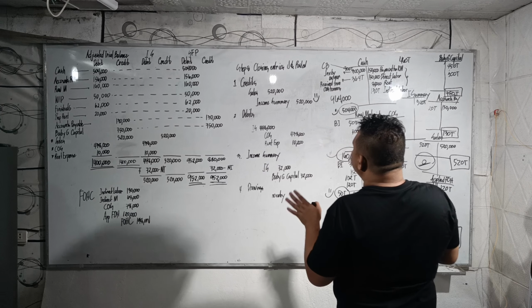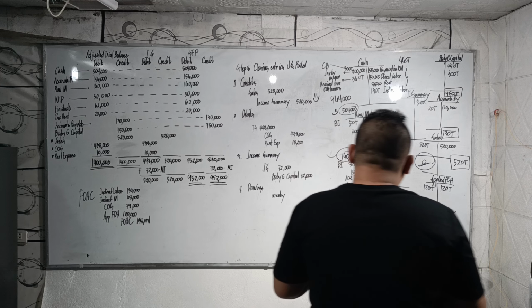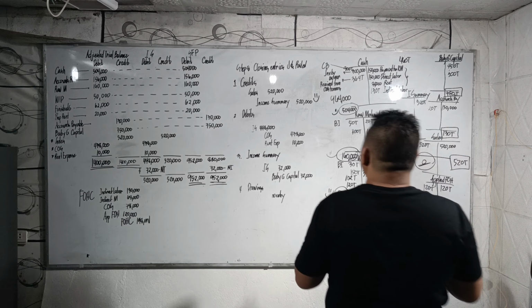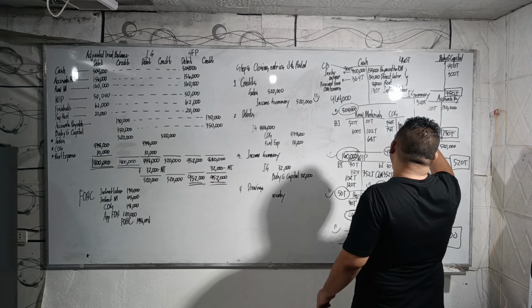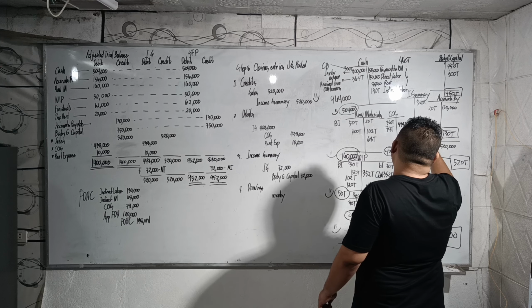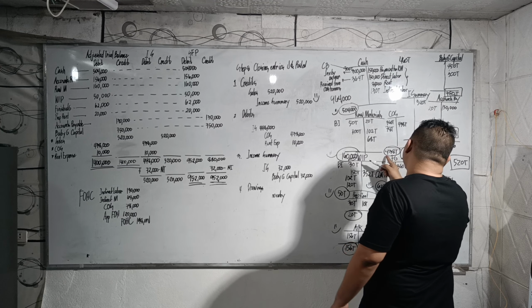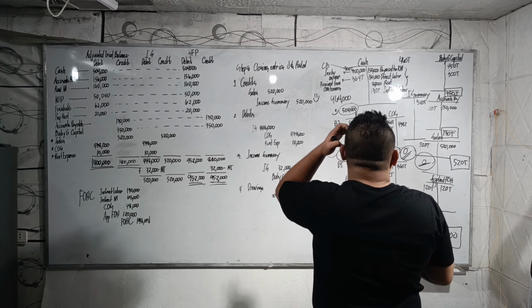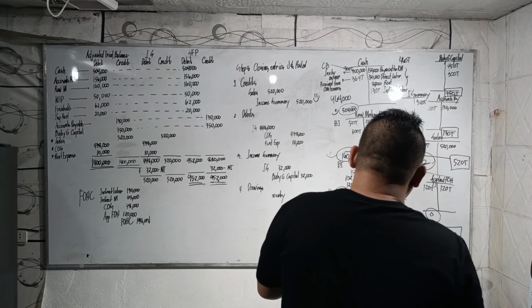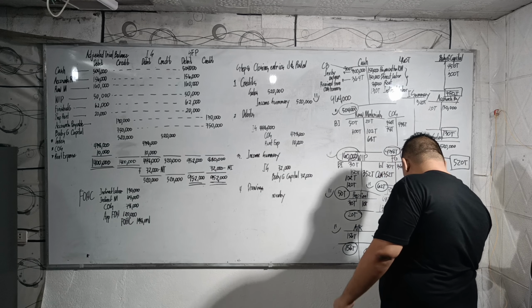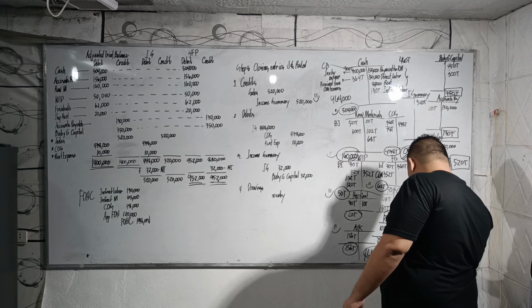Next, we have the cost of sales and rent expense. You have to credit them. So the cost of sales is 438, which makes the cost of sales 0 instead of this 438 here. And then we have the rent expense. Where's the rent expense? Here. So this will be out.